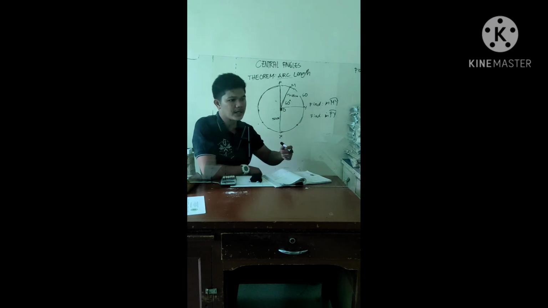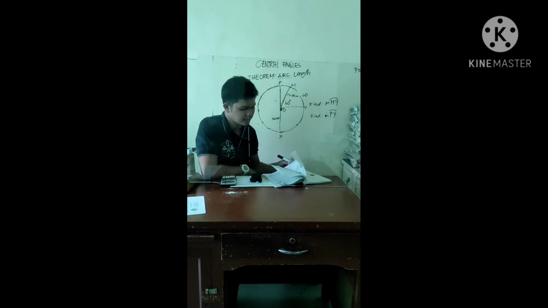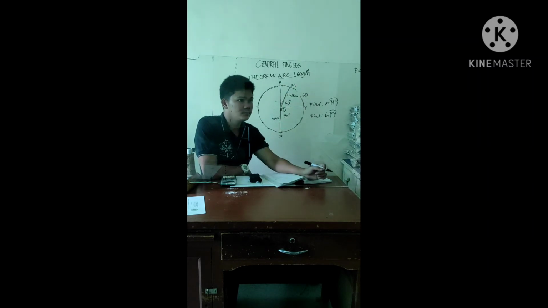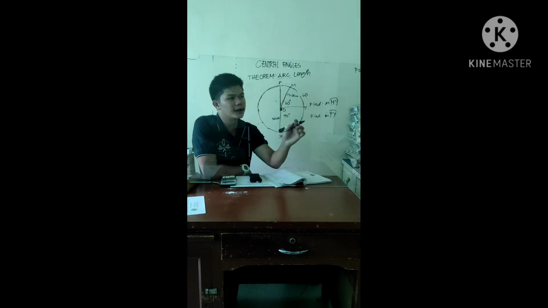So, ang gagawin natin, i-apply natin yung tinatawag natin na arc addition postulate. Okay? So, since dito si angle YOZ is equal to 90 degrees, and since this is also equal to 90 degrees, meaning yung measurement ni PY is also 90 degrees. Okay?